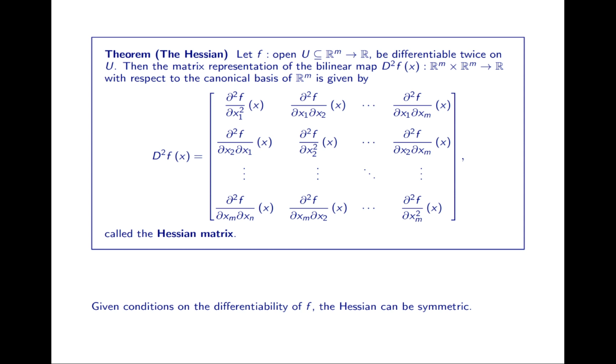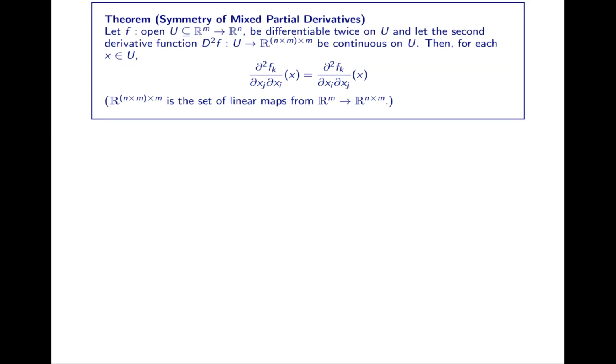Now, given certain conditions on the differentiability of f and the continuity of those derivatives, the Hessian can be symmetric. So here's the result, the symmetry of mixed partial derivatives.